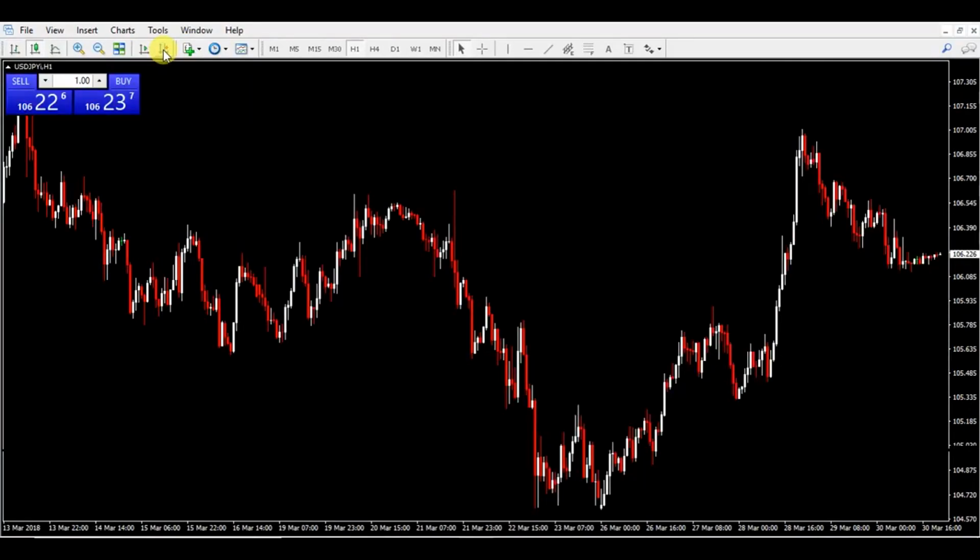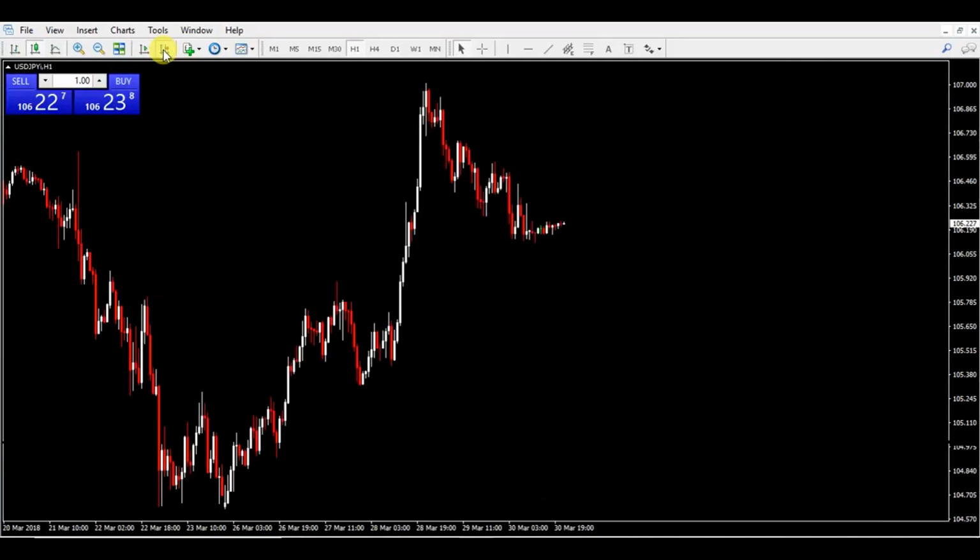First things first, what we do is find strong, valid areas of support resistance using the higher time frames such as the weekly and the daily. Anything lower, we don't really care, unless it comes down to finding a better entry.